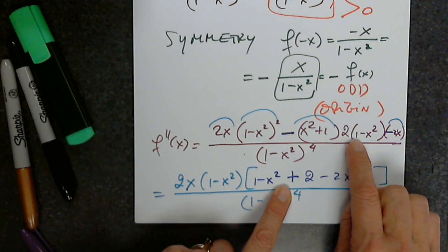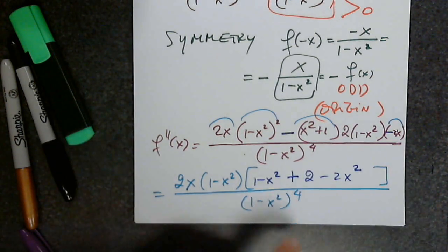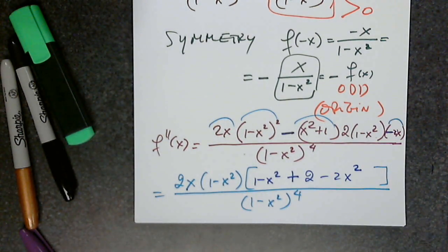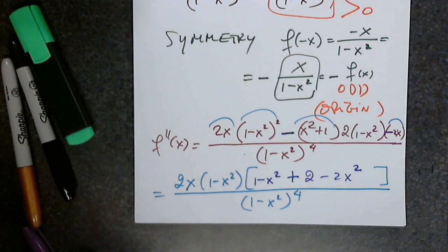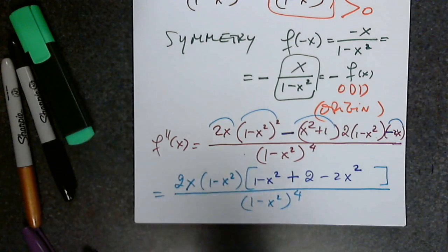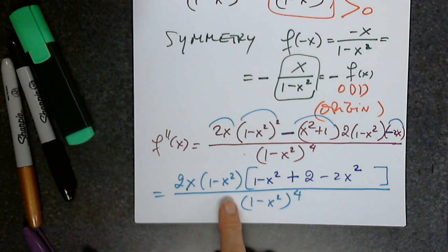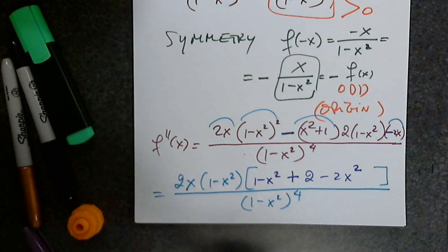So 2 times 1 and 2 times negative x squared. Is this okay? Yes. Thomas, go ahead. You're supposed to factor out the 2 into x squared plus 1, not the 1 minus x squared. Oops.